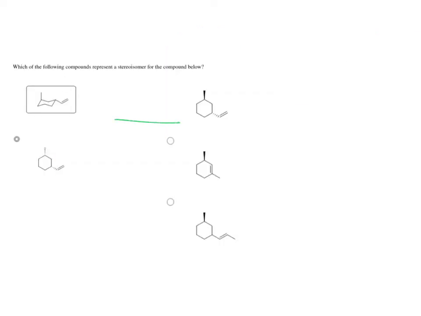All right, so this problem here: which of the following compounds represent a stereoisomer for the compound below? All right, so can you convert this into a two-dimensional structure?